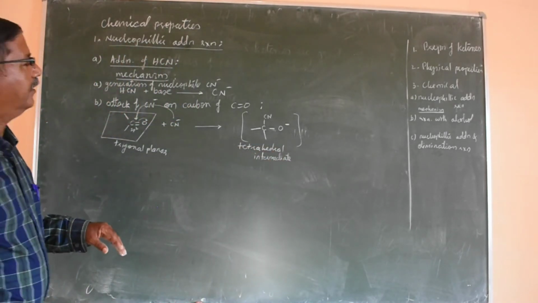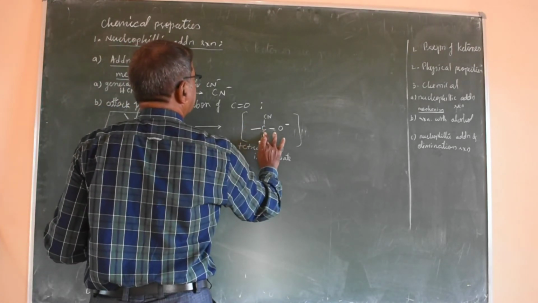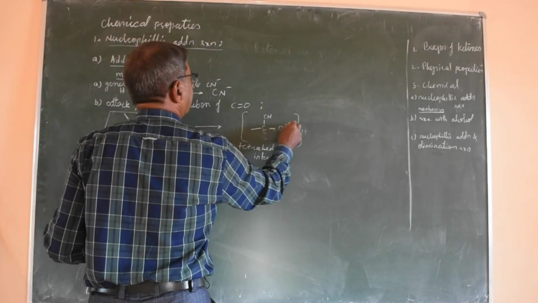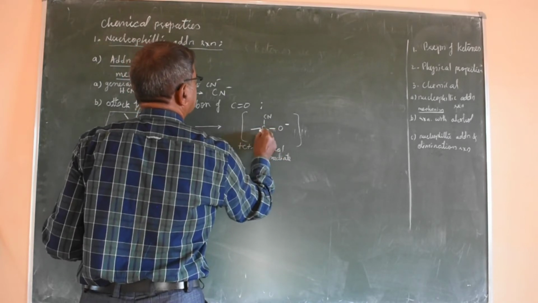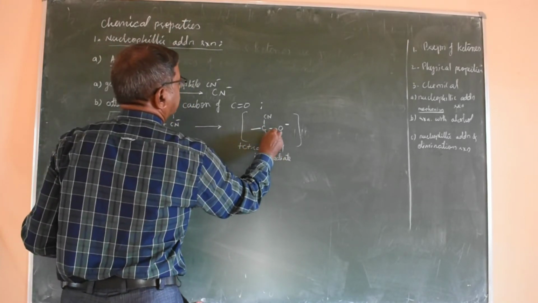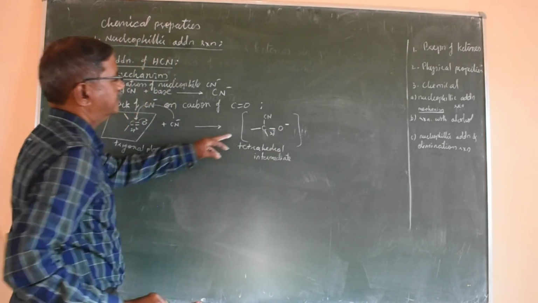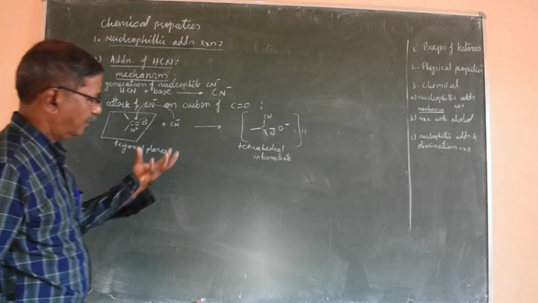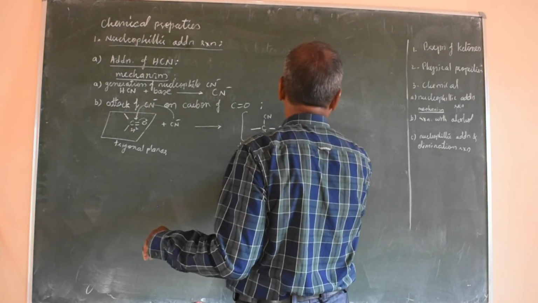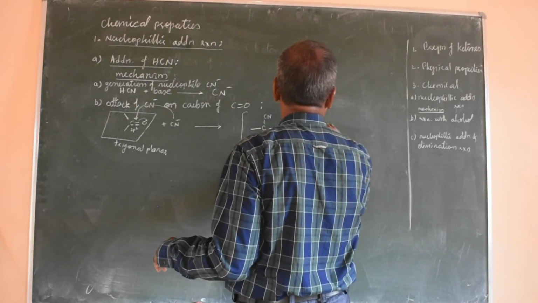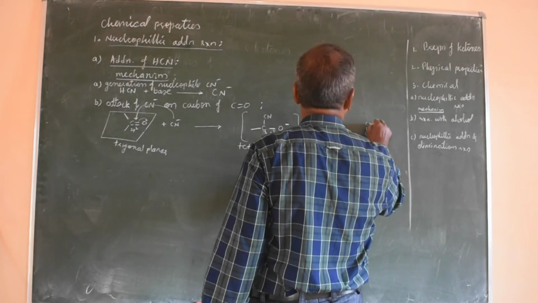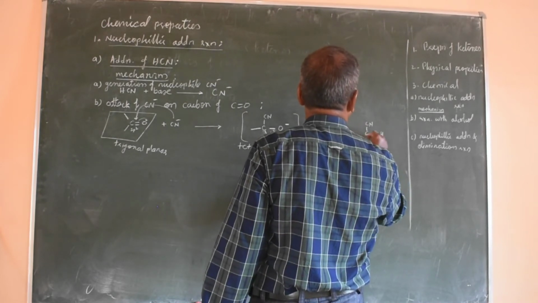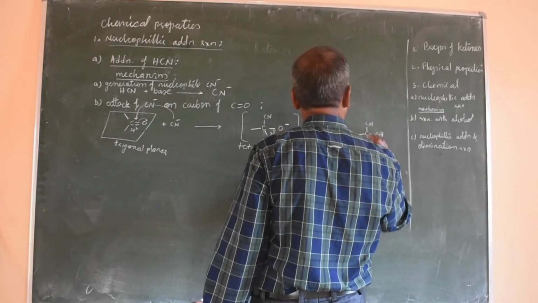This carbon is sp3 hybridized. Now this one accepts a proton to give the final product, the cyanohydrin, where it may be H or it may be R.